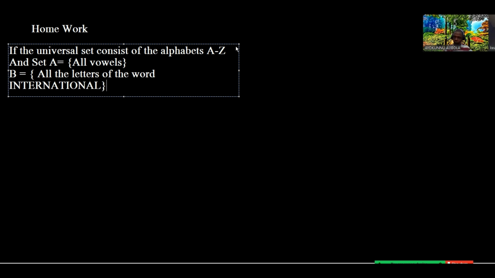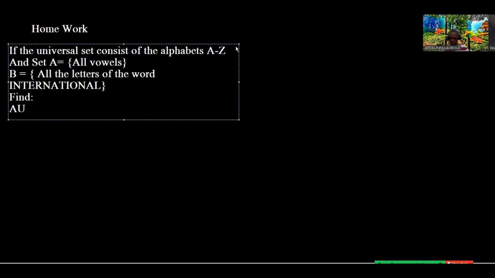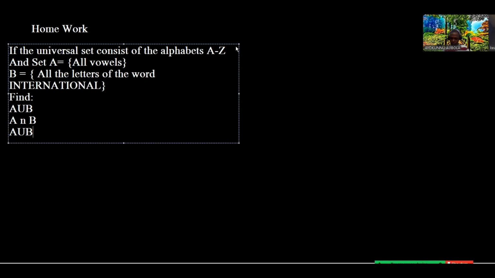So find A union B, then A intersection B, then A union B complement, which is A union B prime.